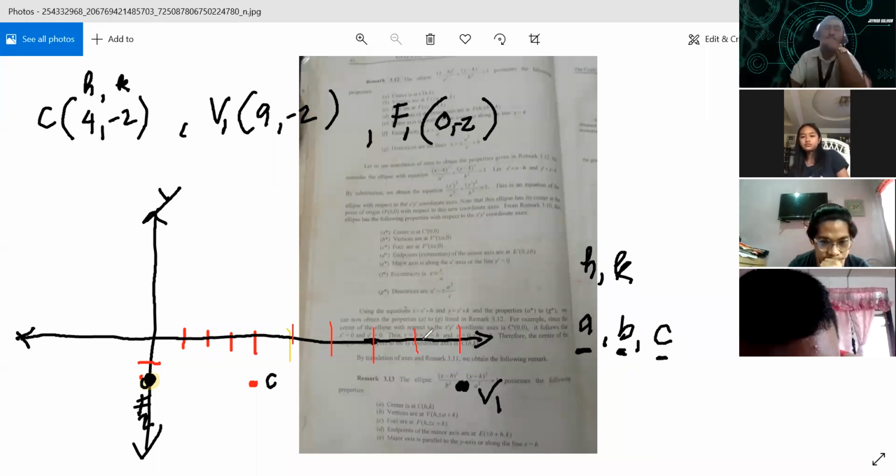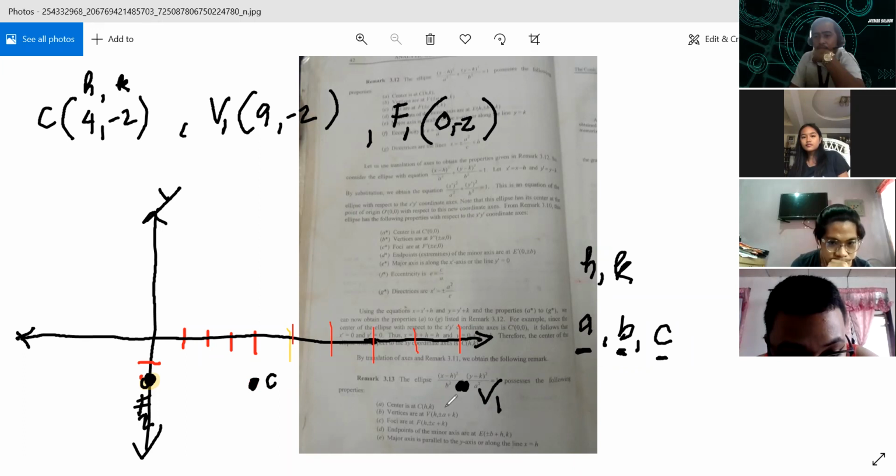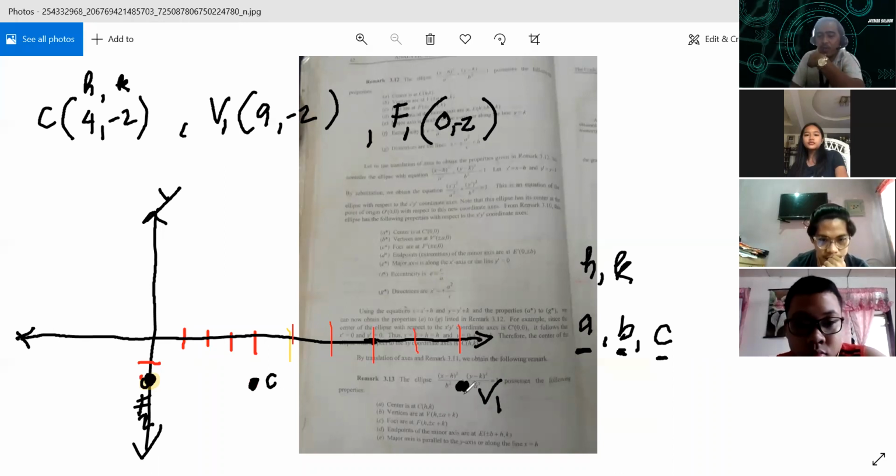Okay? What do you know about the distance between the center and the vertex? That will be denoted by what letter? A. Tama.